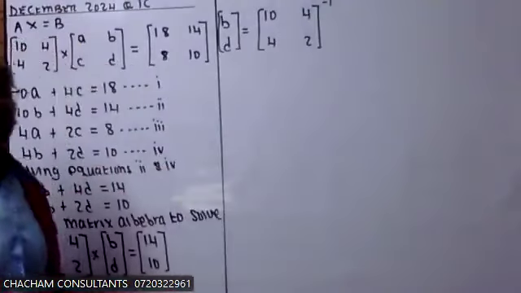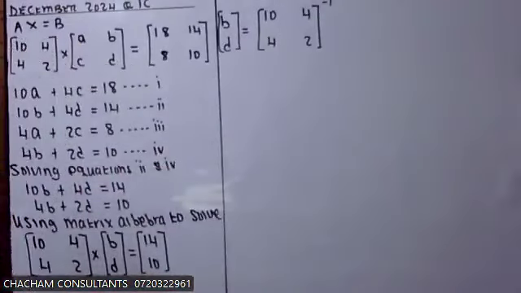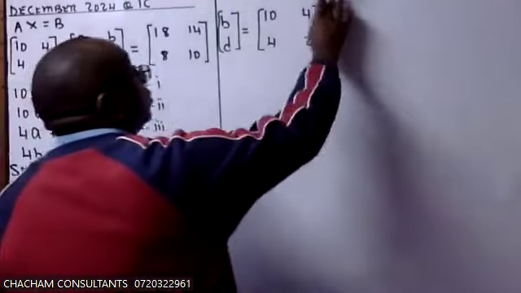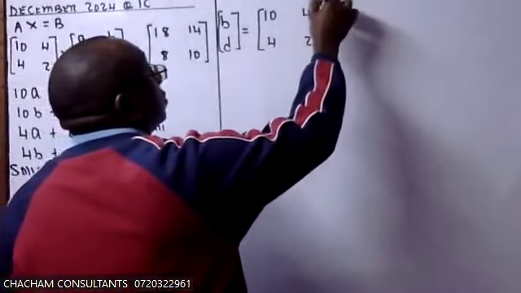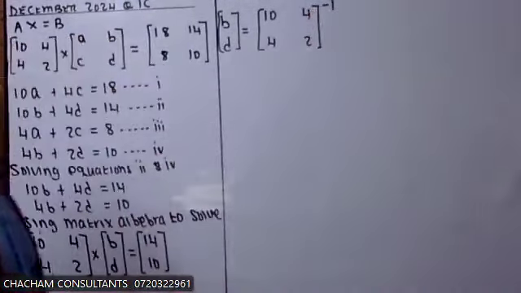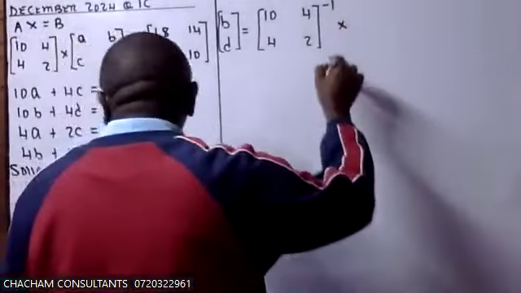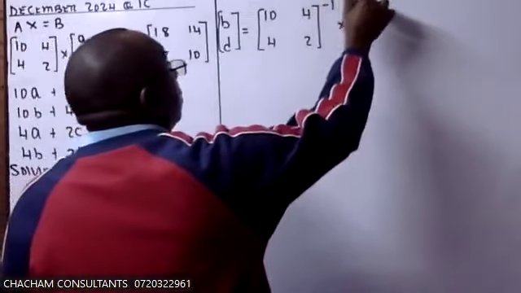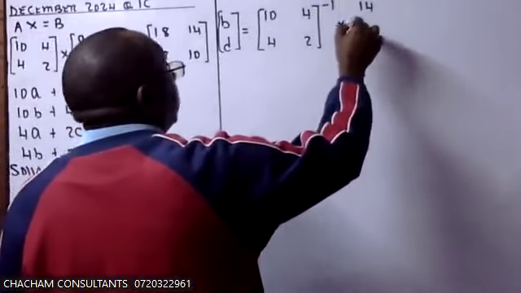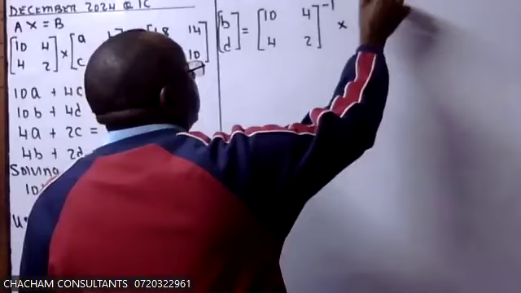Na inaingia hapo ikiwa inverse raised to power minus 1. So times 14, 10.